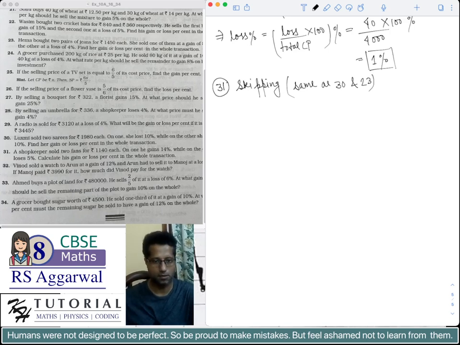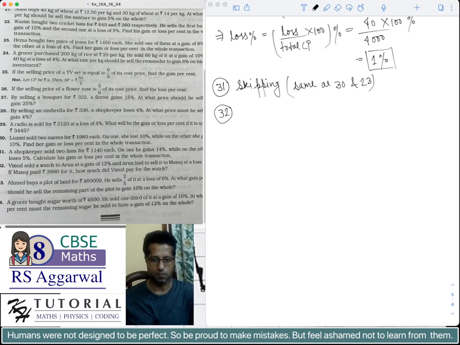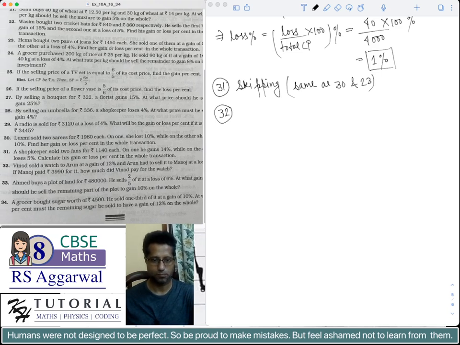Okay, let's see what is 32. Vinod sold a watch to Arun at a gain of 12%, and Arun had to sell it to Manoj at a loss of 5%. If Manoj paid rupees 3990 for it, how much did Vinod pay for the watch?